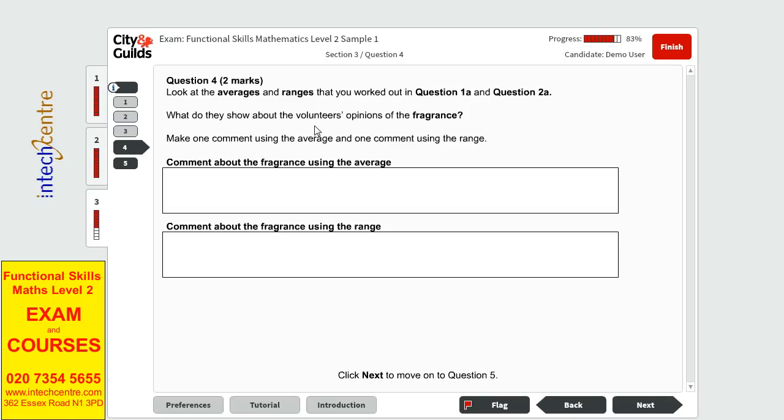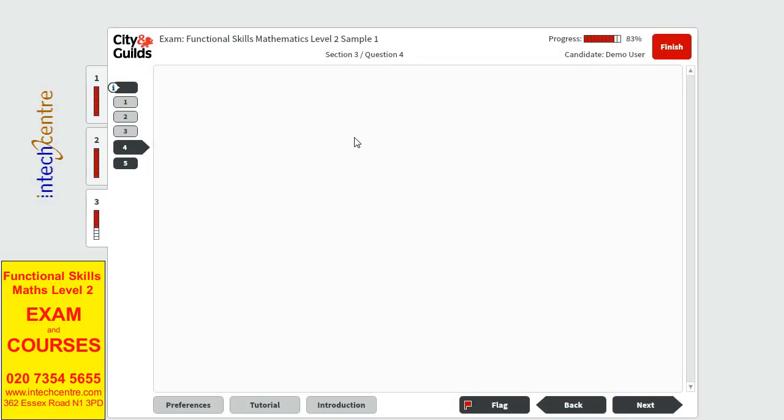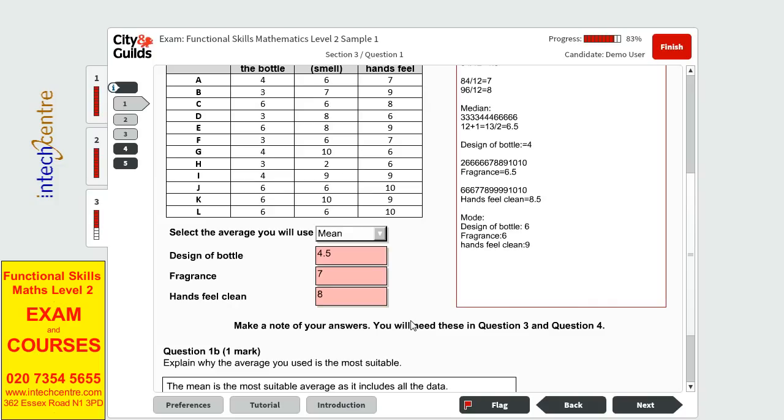So going back to the average, question 2, if I'm not mistaken, or question 1. Let's go to question 1. Okay, so it was question 1. For the fragrance, we've got number 7. They gave it an average grade of 7 out of 10.